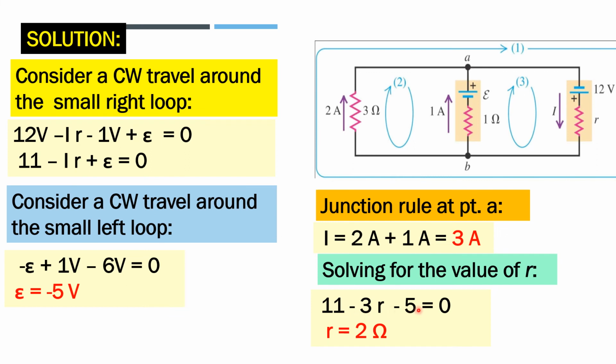So, simplifying, for us to solve for small r, we will get this value for the internal resistance. r is equal to 2 ohms. See, we are done in determining the unknown variables: the value of the EMF of the rundown battery, the current I in the 12-volt battery, and the internal resistance, small r, of the 12-volt battery.